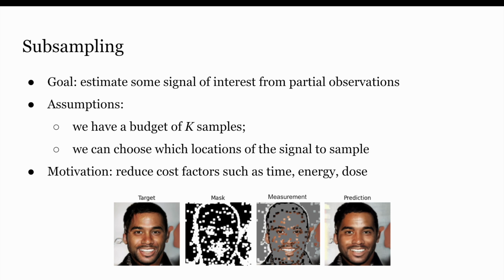So we want to be able to choose the measurement locations rather than being given some predetermined sampling strategy, such as every second sample, for example. And the motivation is simply to reduce the various cost factors associated with acquiring these measurements. So it might take too long, it might be expensive, or it might damage the subject in some way that you're trying to image or measure.